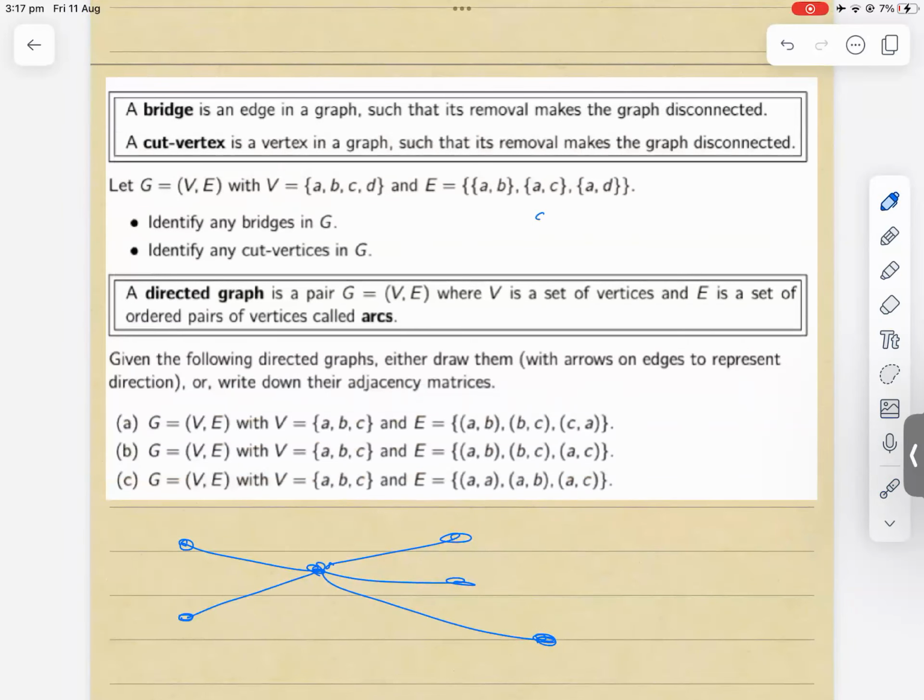Yes, let's do that. A, B, A, C, A, D. All of the edges are bridges, and all of the vertices, if I remove one of them, then we will have a disconnected graph.